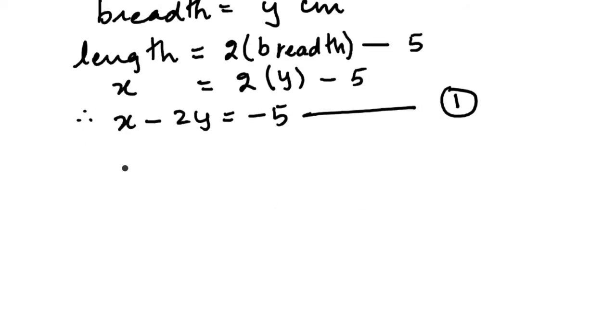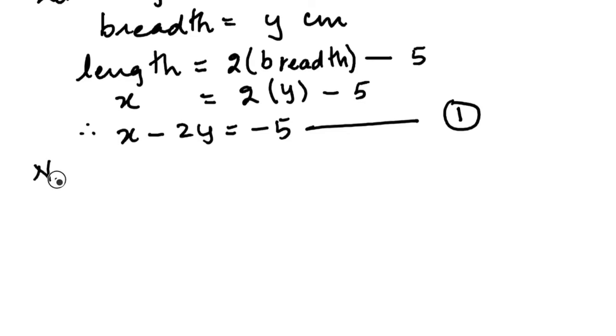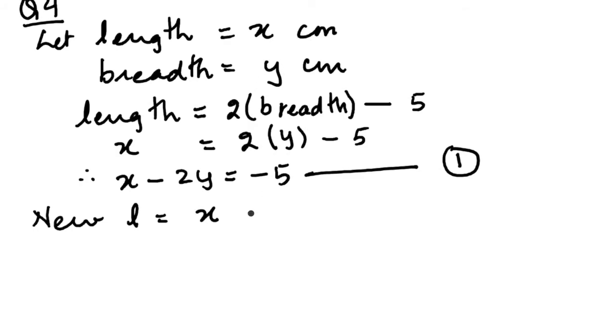For our equation 2, they say that if the length is decreased by 3, then the new length will not be x. Our length was x, but if it is decreased by 3, then the new length is x minus 3, and the new breadth, if it is increased by 2 centimeters, becomes y plus 2.